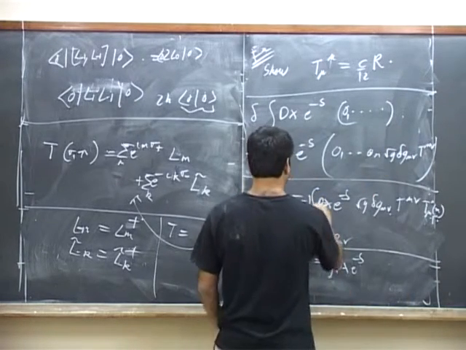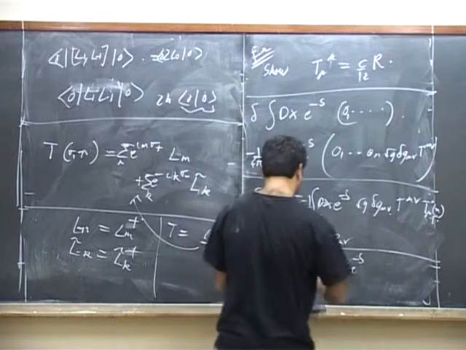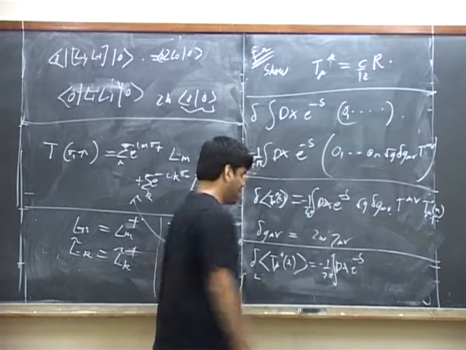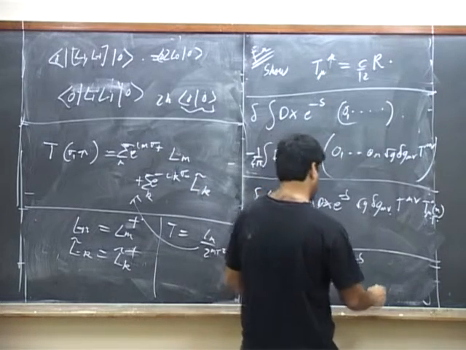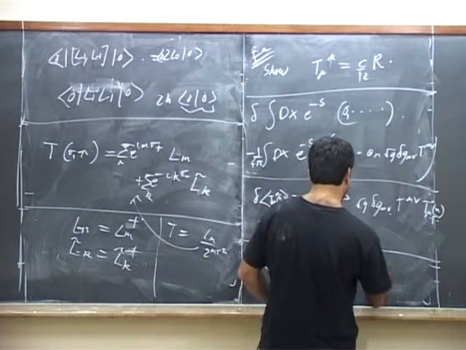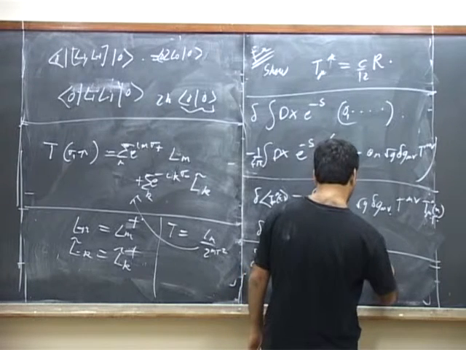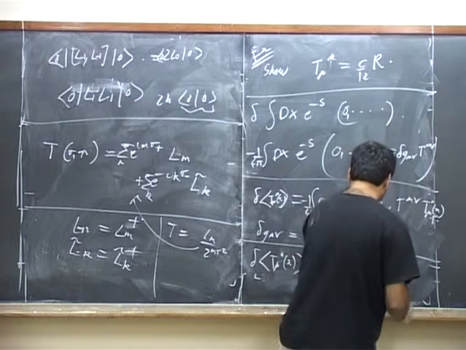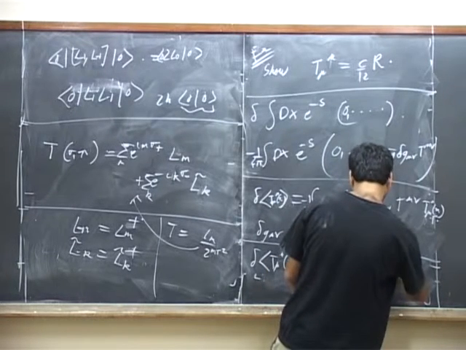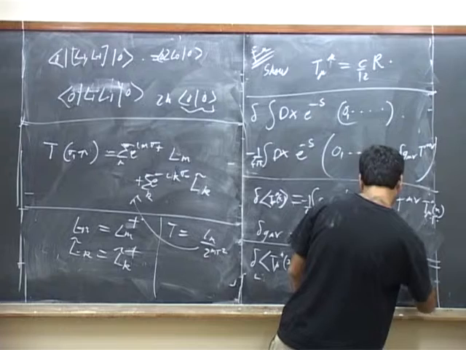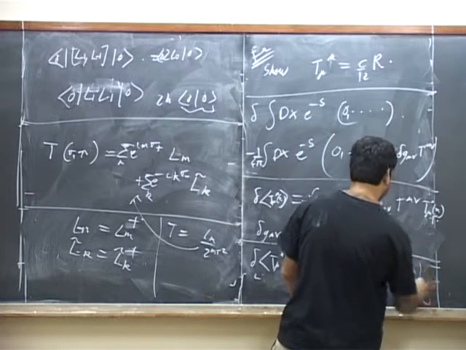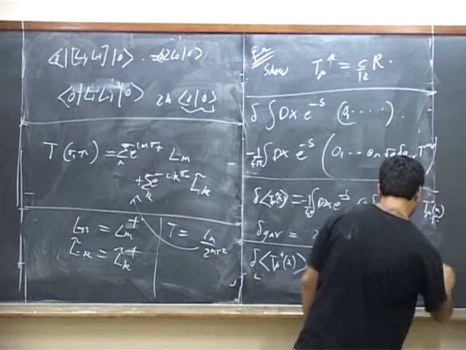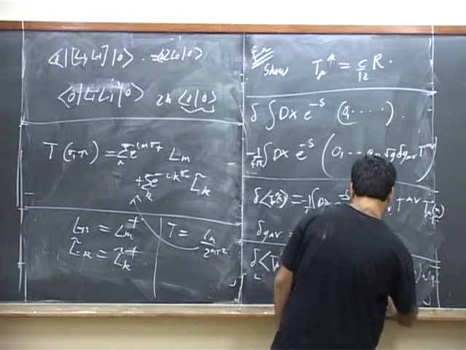I've dropped my 1 by 4 pi, so that becomes a minus 1 by 2 pi, times T mu nu of y, T mu nu of x, omega of y integrated over y.